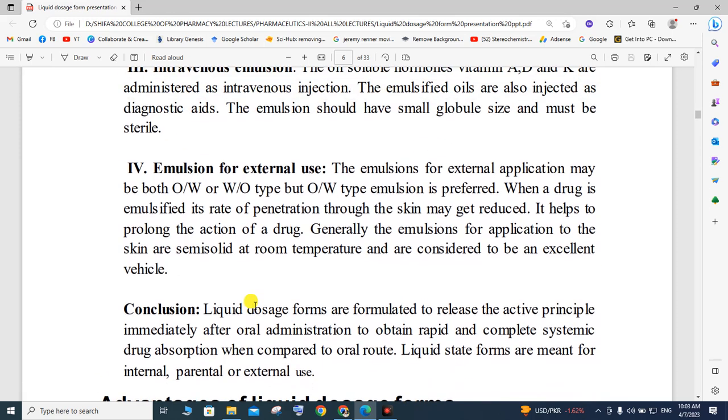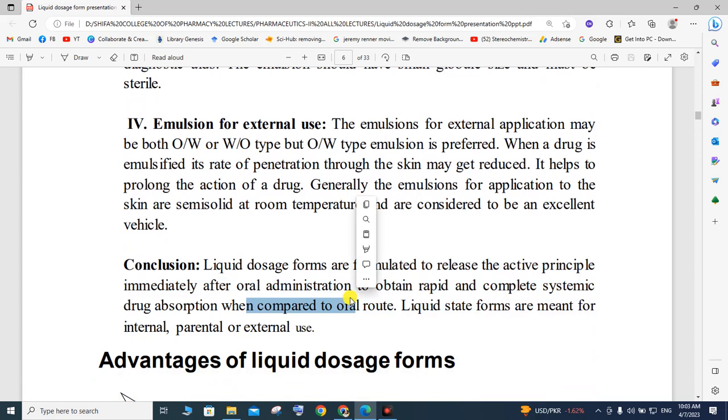The simple conclusion is that the liquid dosage forms are formulated to release the active principle immediately after oral administration, to obtain rapid and complete systemic drug absorption when compared to the oral route. So liquid dosage forms are meant for internal, parenteral, or external use.